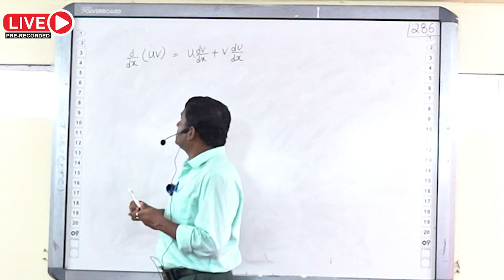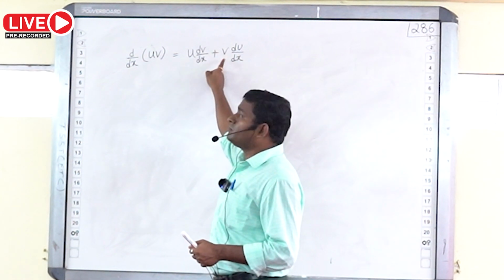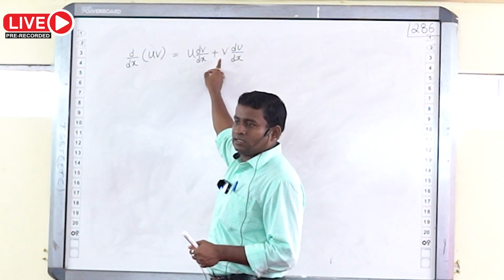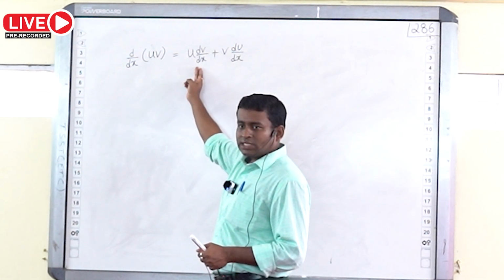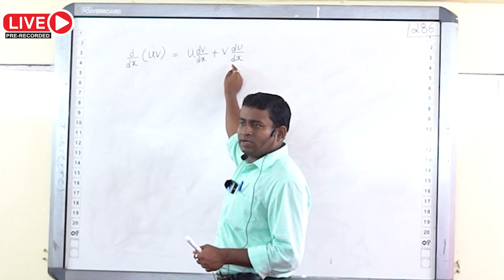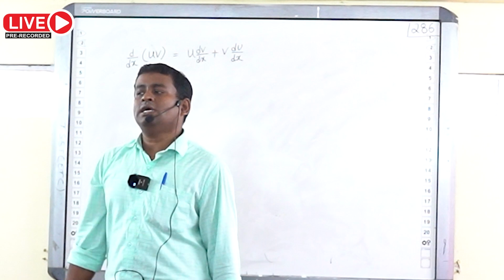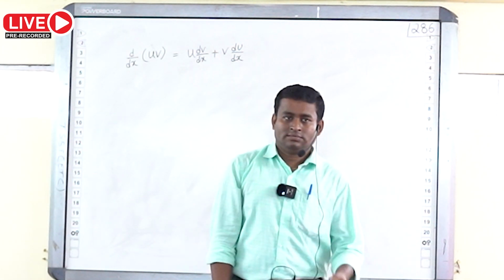So you have to take the derivative of one function taking the other function constant, then the derivative of the other function taking the first one constant. First function fixed, derivative of second function, their multiplication, plus second function fixed, first function's derivative, multiplication, and then add. This is called the product rule of the derivative. Now I will give you one problem. Write down.